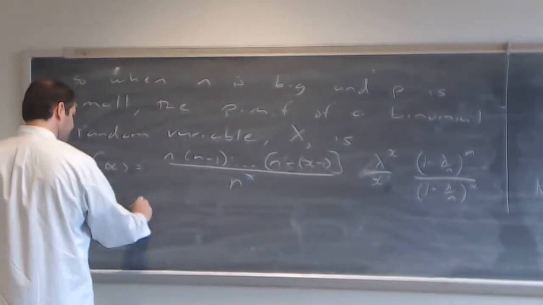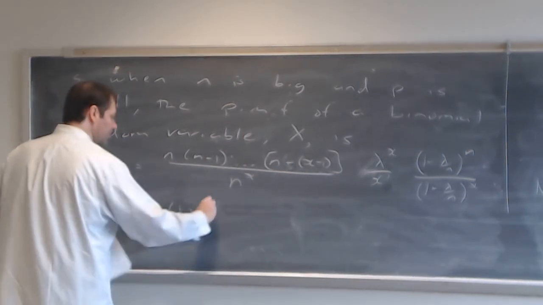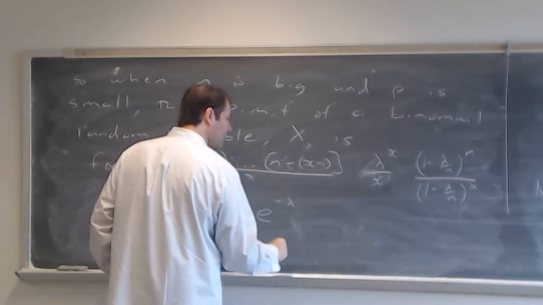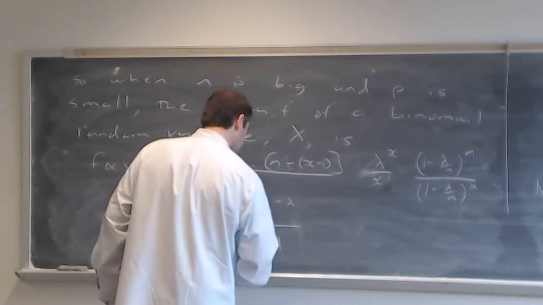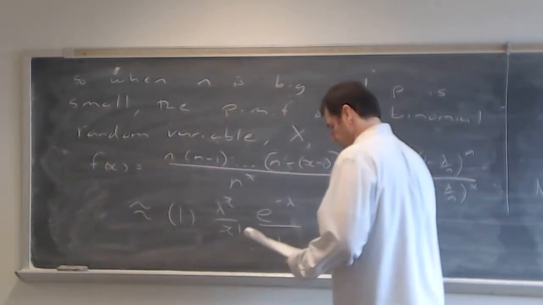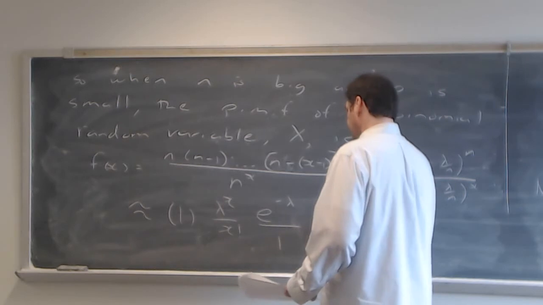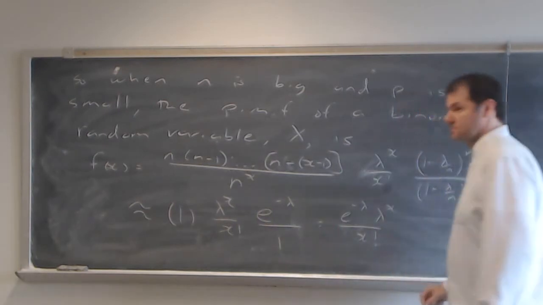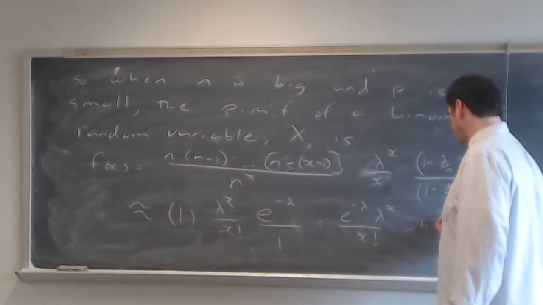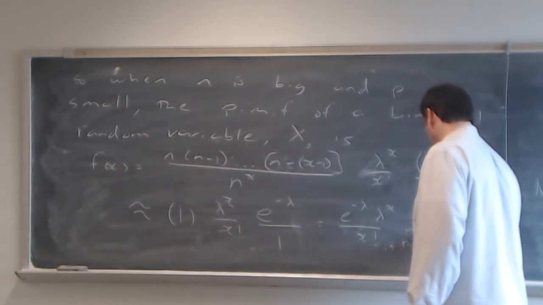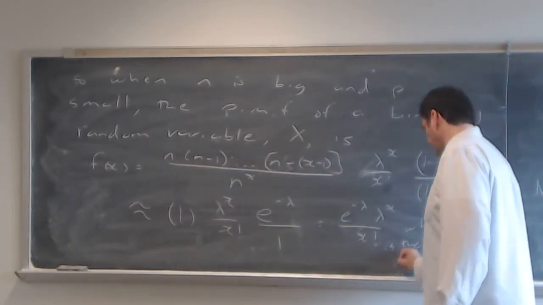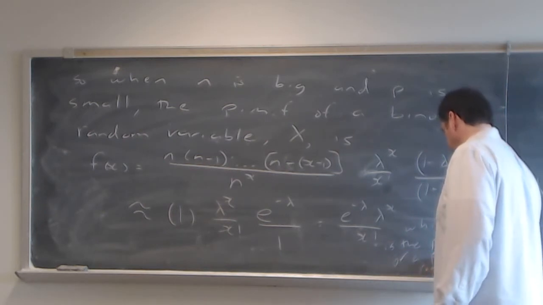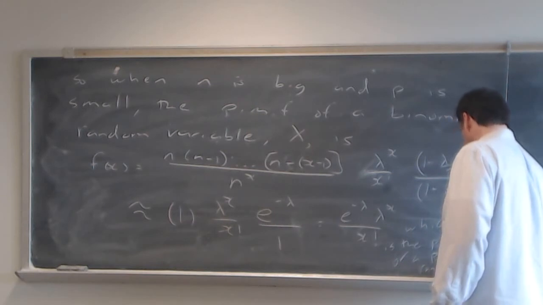This is approximately 1, times lambda to the x over x factorial, times e to the minus lambda, over approximately 1, which equals e to the minus lambda, lambda to the x over x factorial, which is the PMF of a Poisson random variable. And that's what we're trying to show.